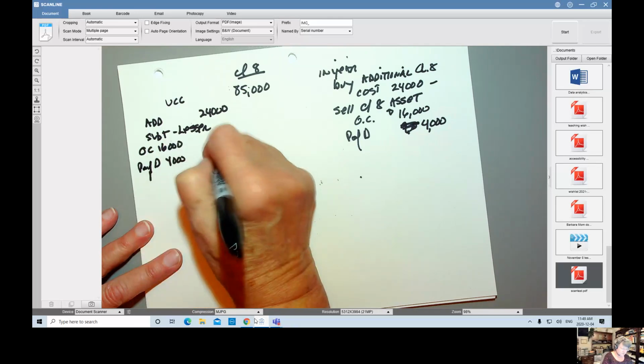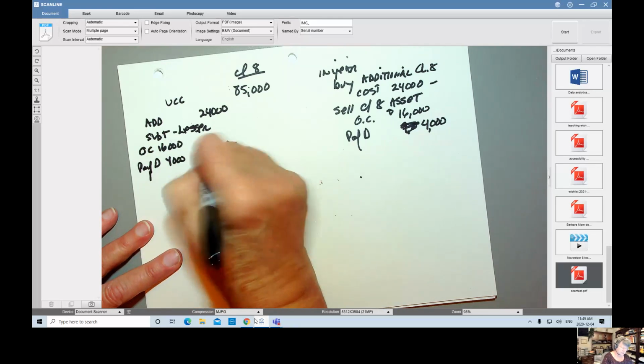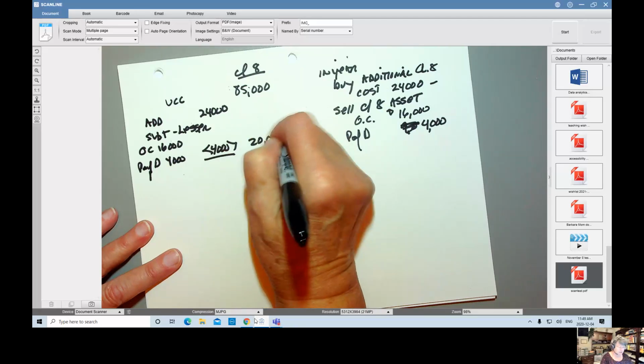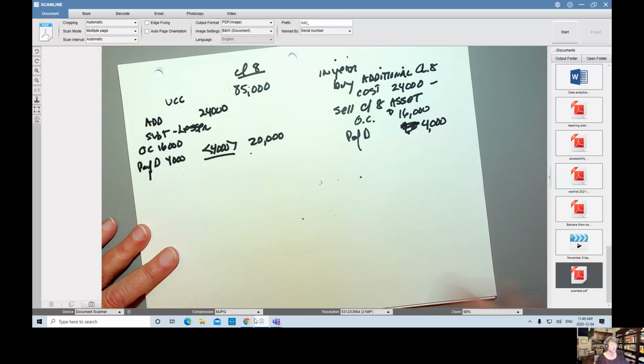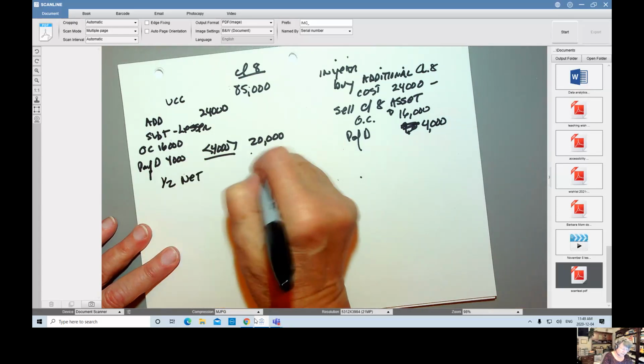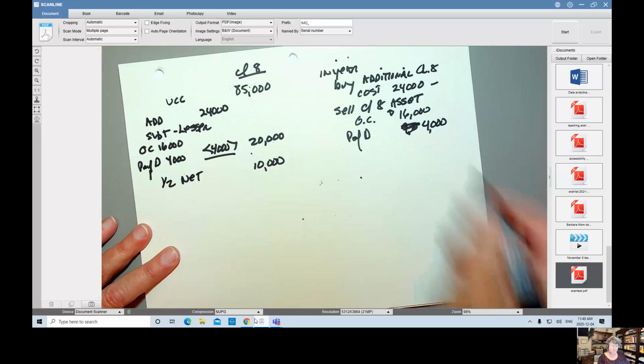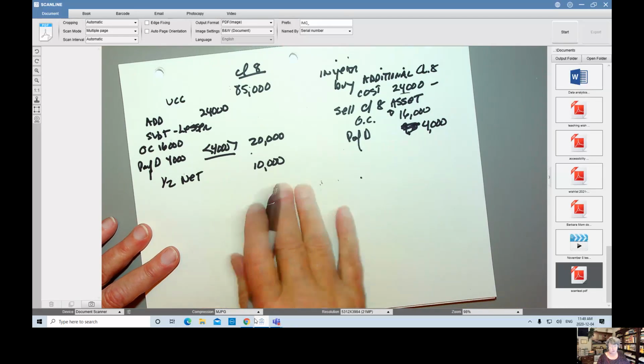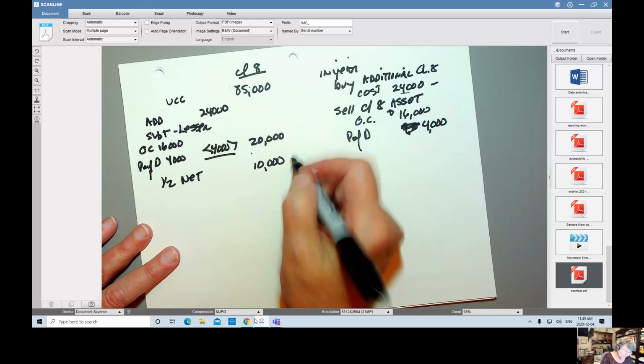The lesser of those is 4. So I subtract 4. So that means my addition is net 20. So this is when we say half net. So now half net is 10. Half net would have been 24, but because of the subtraction, half net is only 10.